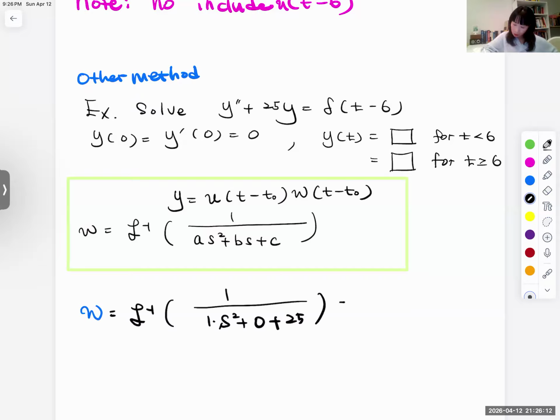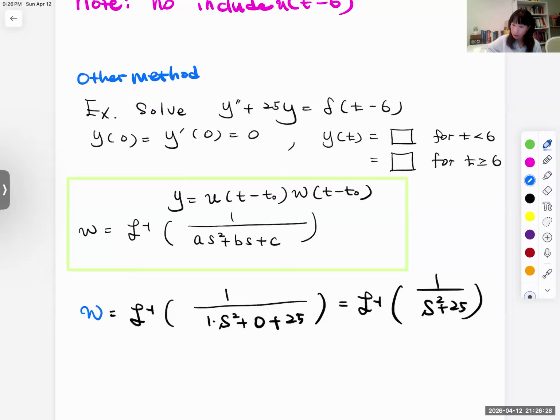That will be the inverse Laplace of 1 over s squared plus 25. Then boom, done.